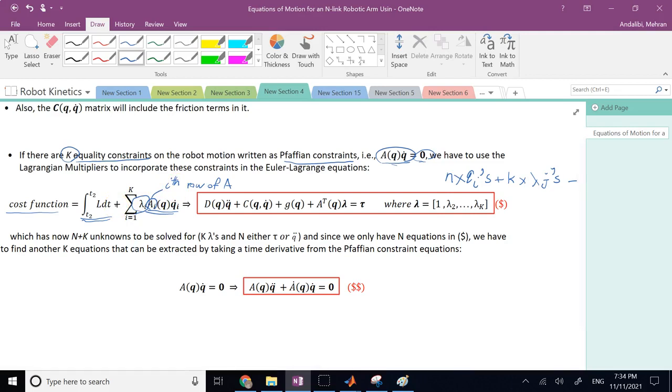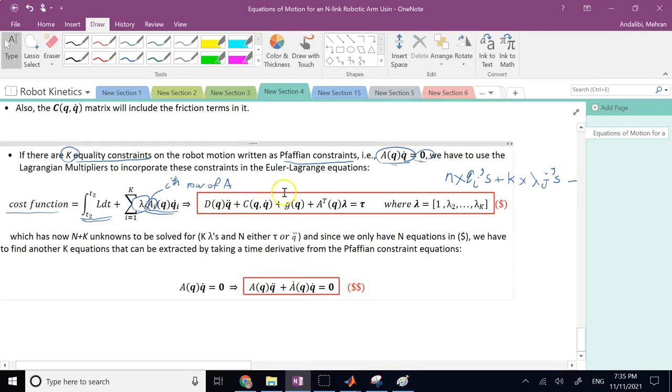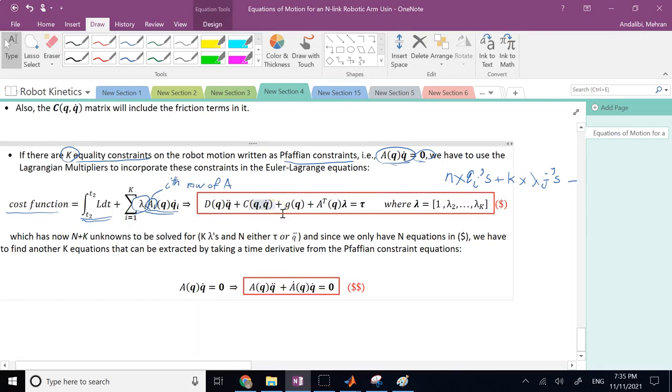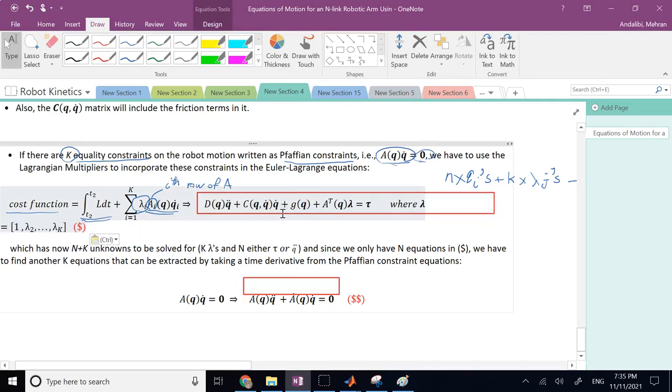And what happens to your equations? Well, your equations are going to be very similar to what you had. You still have D(q) q double dot plus C(q, q dot) q dot plus g(q) equal to tau.